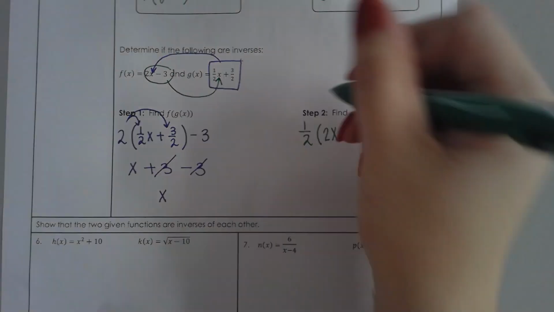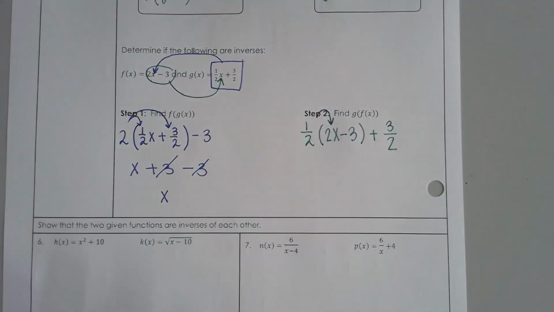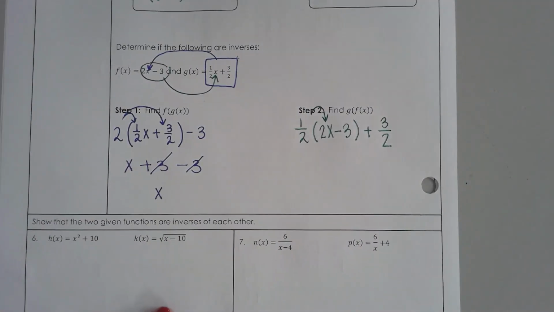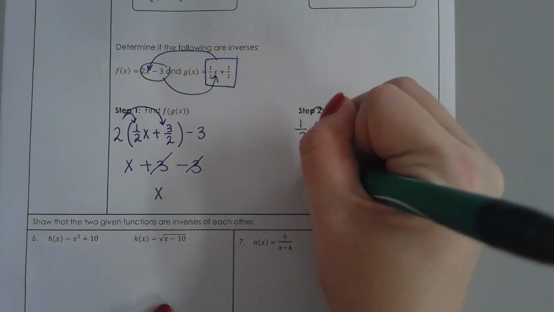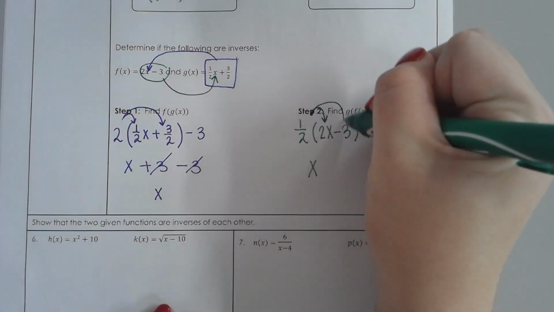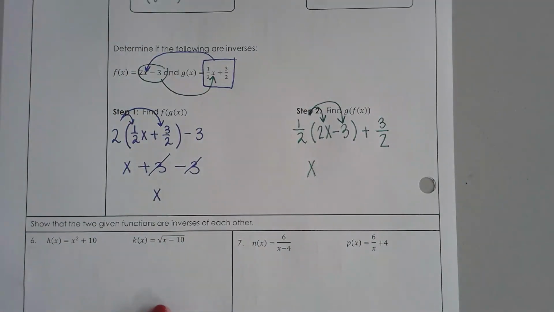So if I distribute, what's 1/2 times 2x? 1x. 1/2 times negative 3.